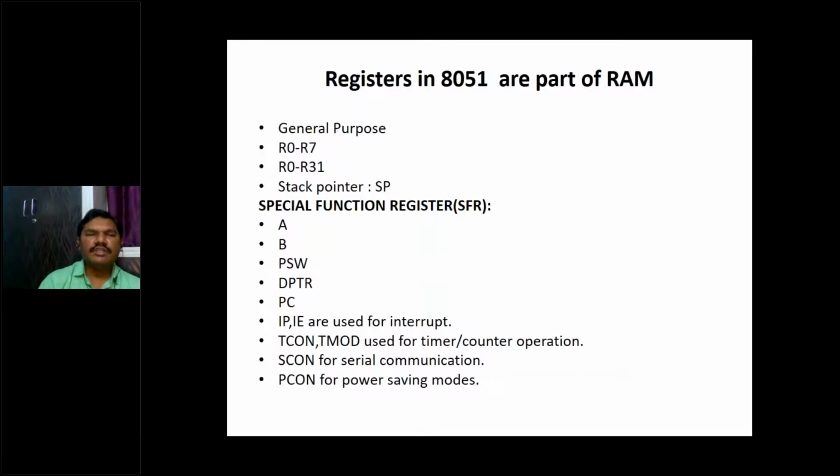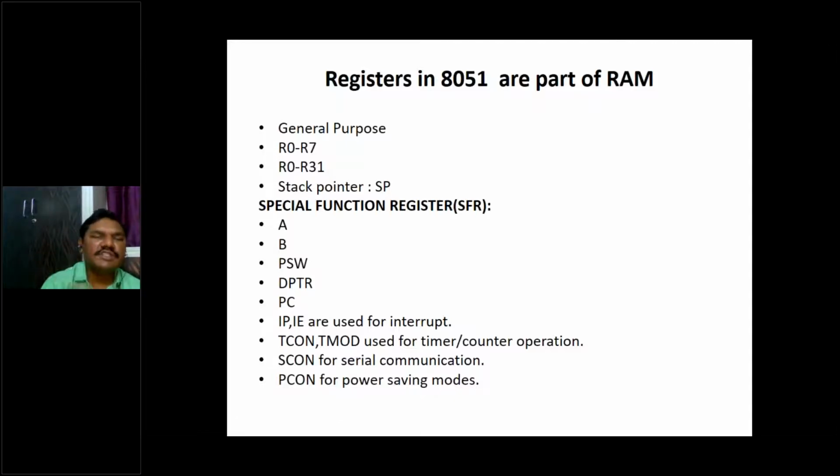The registers in the 8051 are part of RAM locations. The 8051 also has general purpose registers and special function registers. The general purpose registers are R0 to R31, which means we have 32 registers.